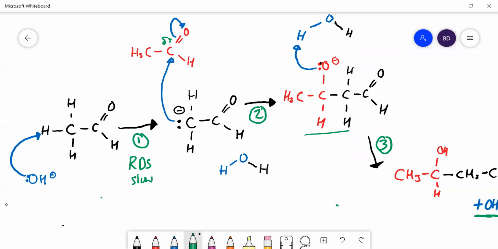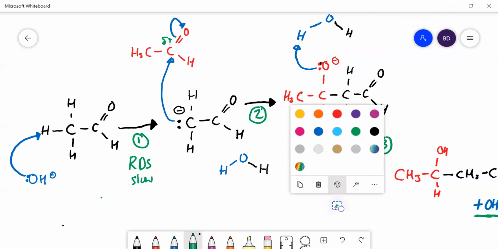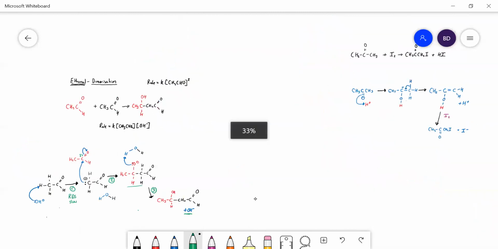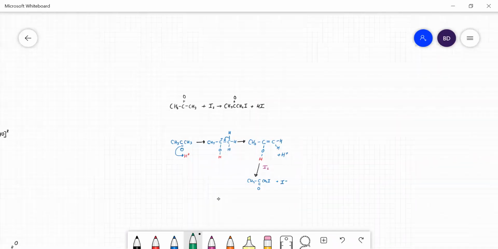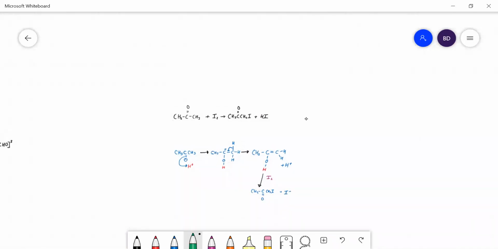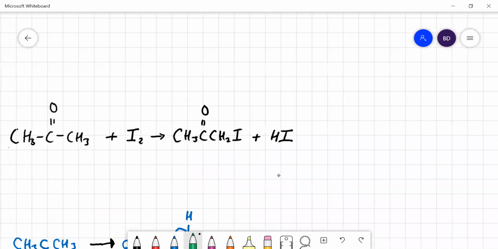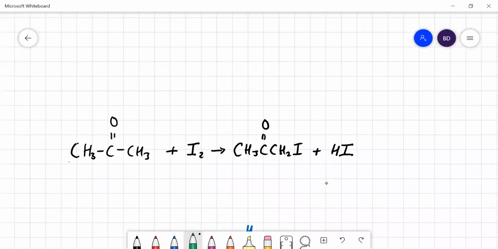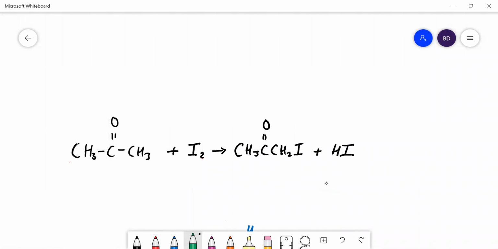Okay, let's look at another example. Right, this time we are looking at the reaction of propanone here with iodine.